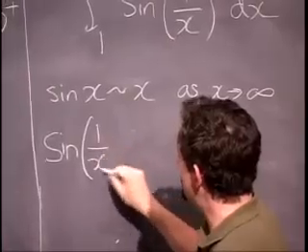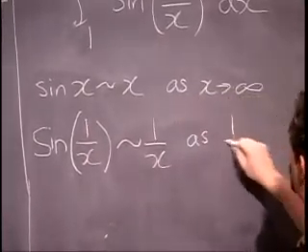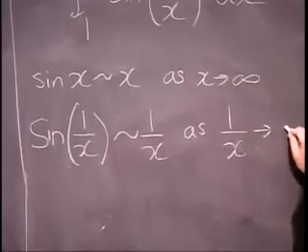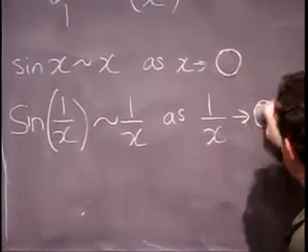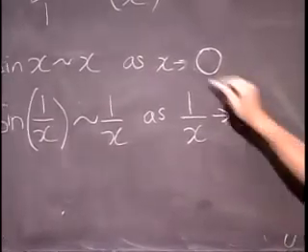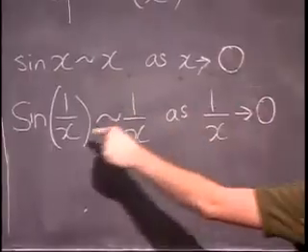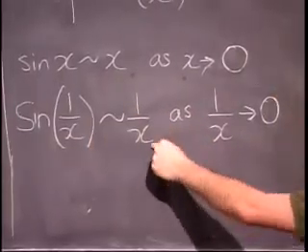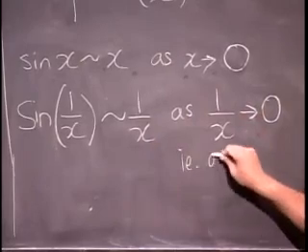Sine 1 over x behaves like 1 over x as 1 over x goes to infinity. I'm sorry, this is as x goes to 0. I'm ahead of myself. As 1 over x goes to 0. Thank you. Let's start again. Sine x behaves like x as x goes to 0. Therefore, sine 1 over x behaves like 1 over x as 1 over x goes to 0. And that will happen as x goes to infinity.